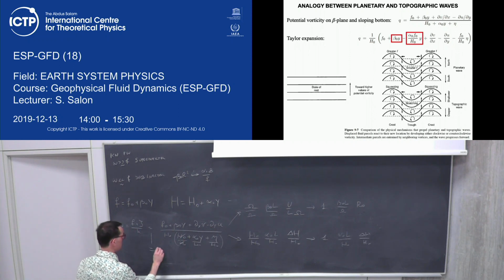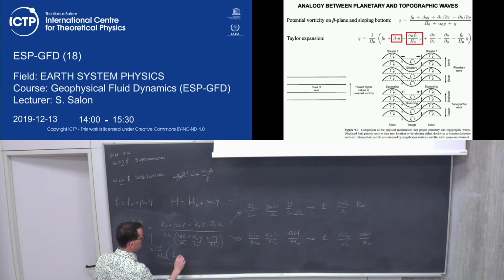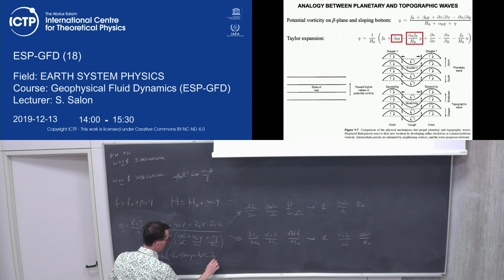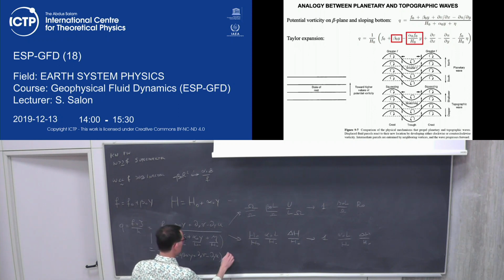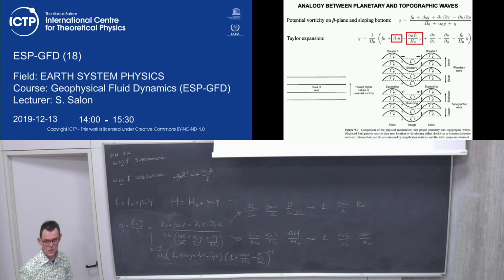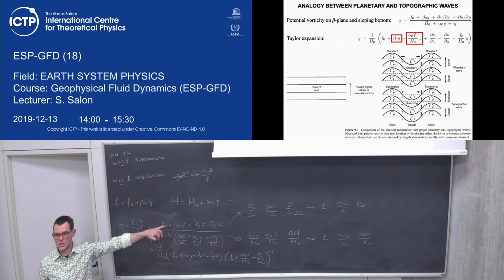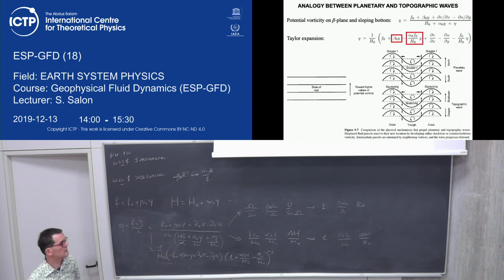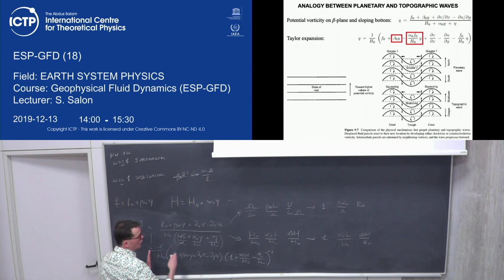So I will have 1 over H0 multiplied by all this, F0 plus beta 0 y plus dxv minus dy u, divided by 1 plus alpha 0 y over H0 plus eta over H0, to the minus 1. Okay? So I have simply rewritten the full expression of the potential vorticity by putting everything over the numerator.